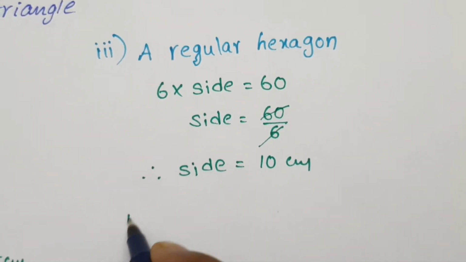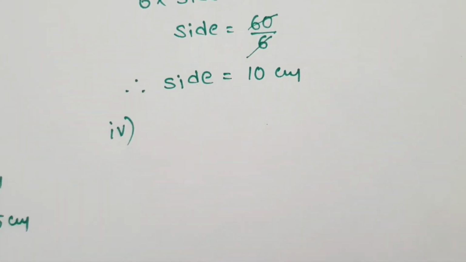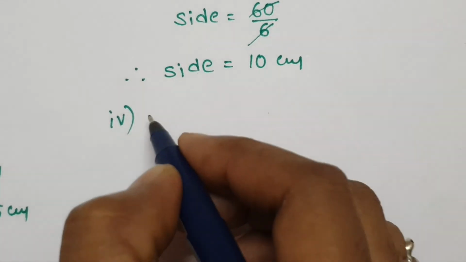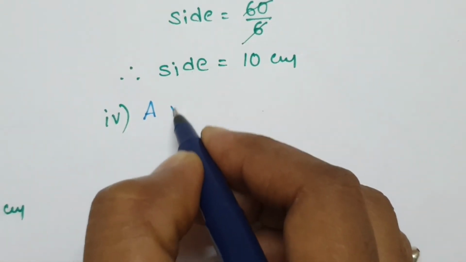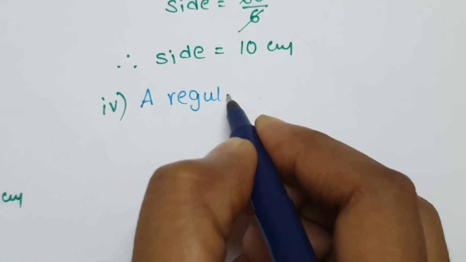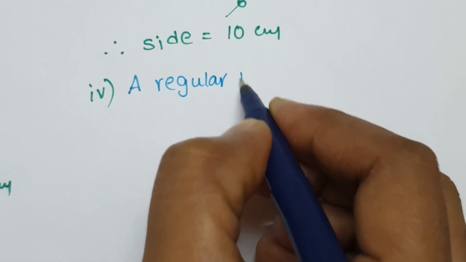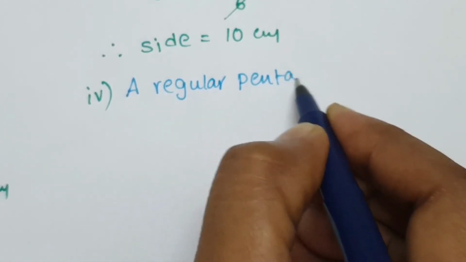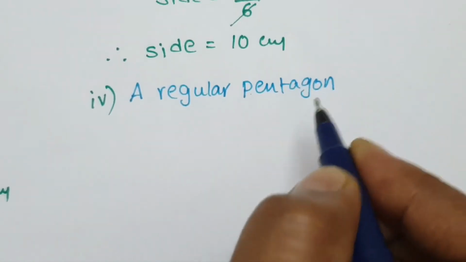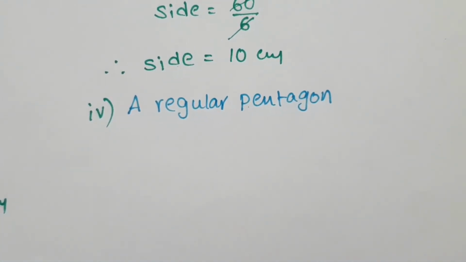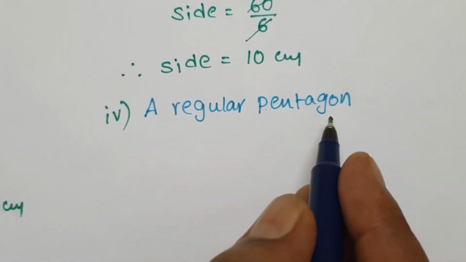Next, fourth one, a regular pentagon. A polygon having 5 sides is called a pentagon.